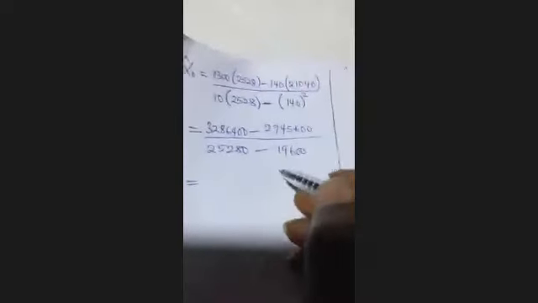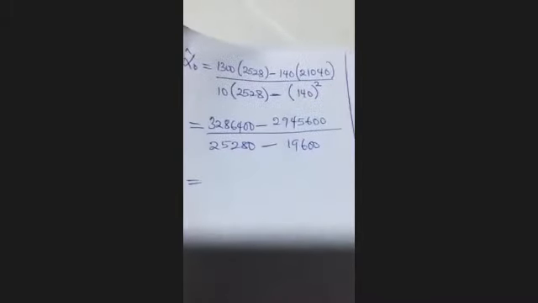So class, we have this minus this. What do you have, please? That should be 340,800. Yes.